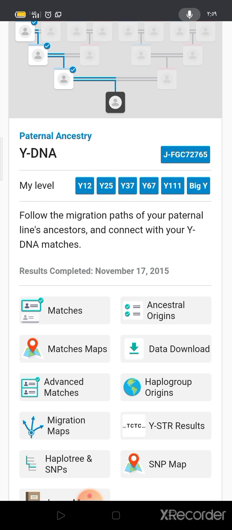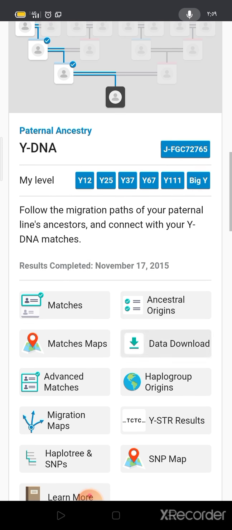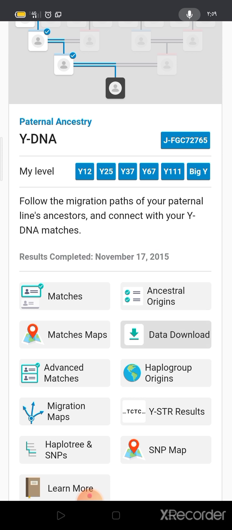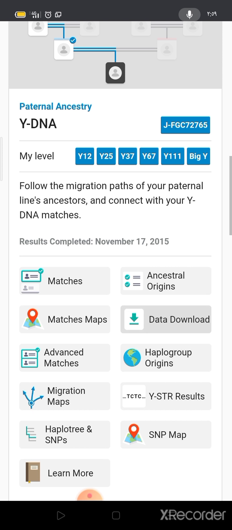If you share the same numbers with others, that means you are sharing the same haplogroup. According to the level of the STRs, there are 12 markers, 25, 37, 67, and 111.